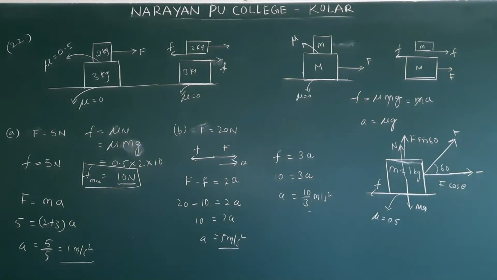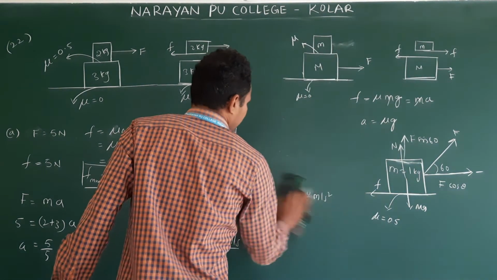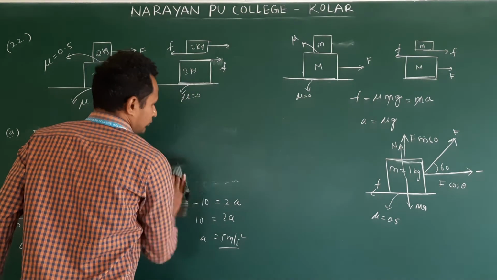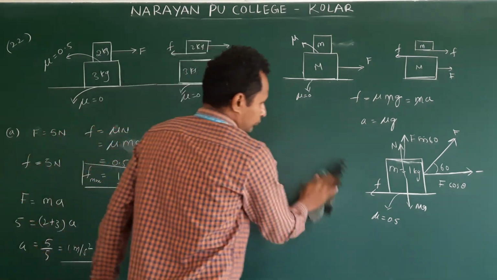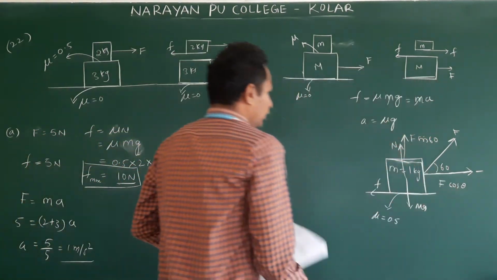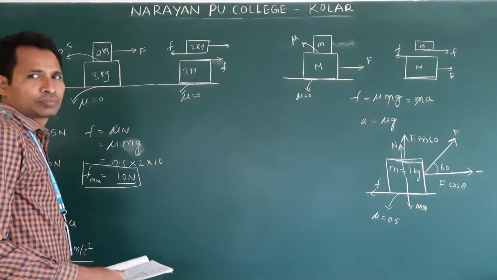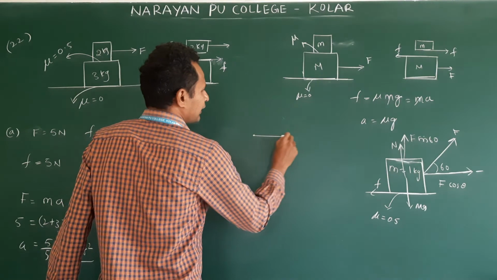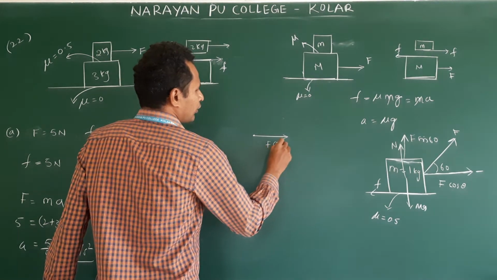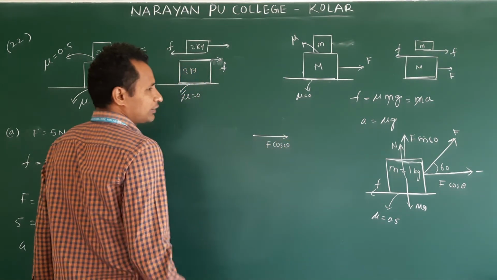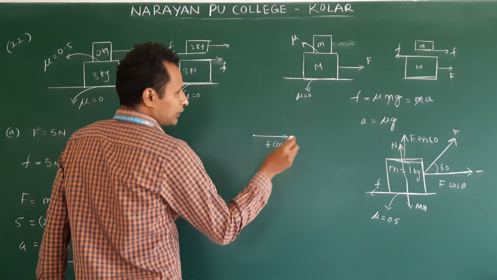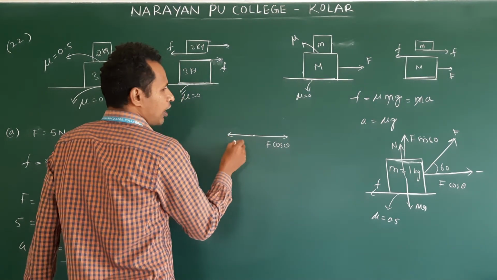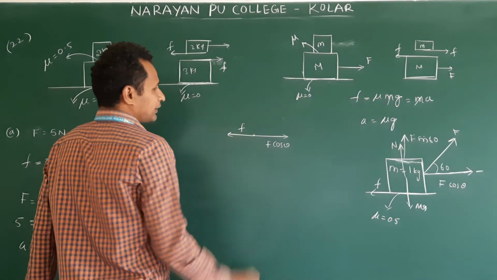So very simple. Now in the horizontal direction, what is acting? F cos theta in the forward direction, and backward, opposite to F cos theta, friction is acting.